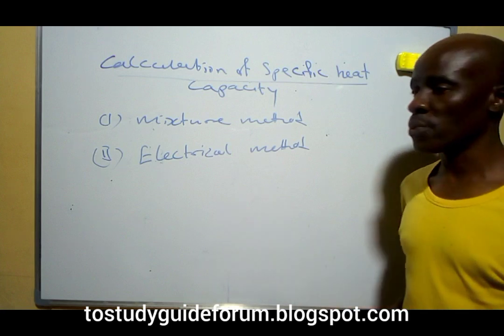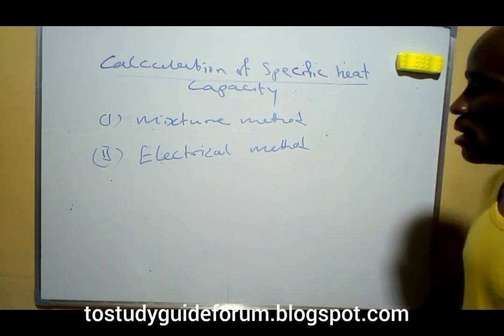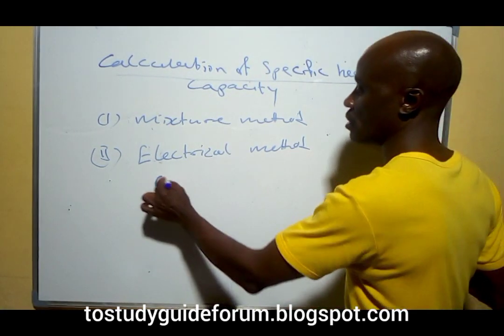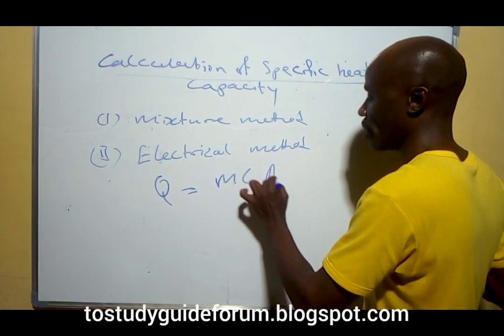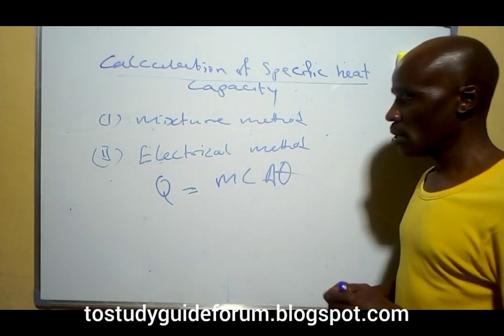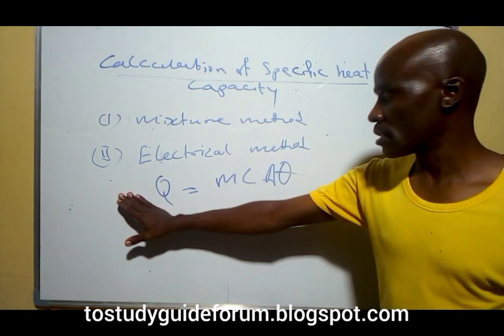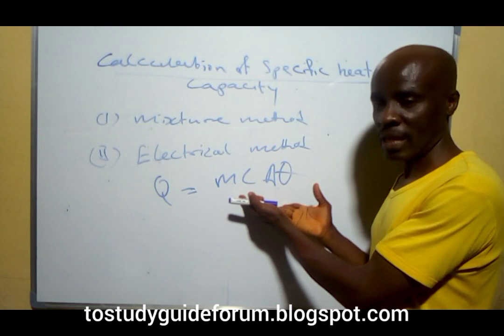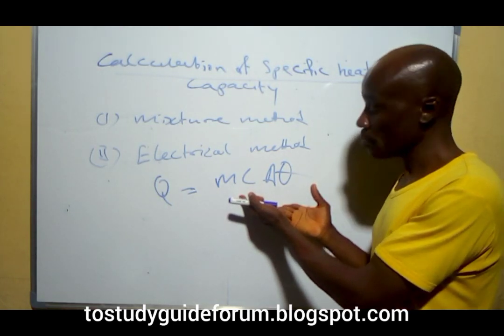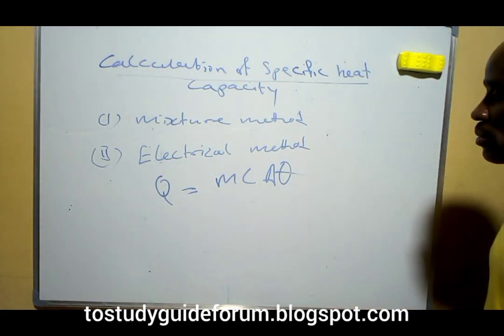When you mix it with a liquid, you record the temperature change, and then using the heat gain, since we know the quantity of heat supplied from the hot object to the other substance, we can find the specific heat capacity. We can just mix it like this, and then we will be able to get it.